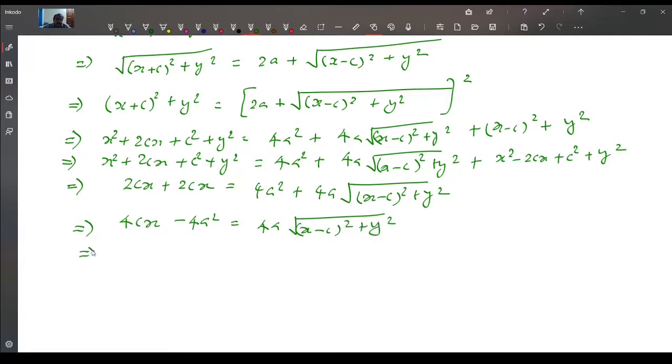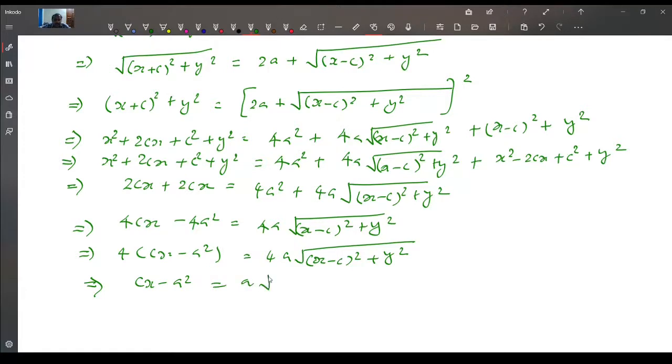So this implies 4 into (cx minus a square) is equal to 4a into root of (x minus c) the whole square plus y square. So this implies, cancelling 4, cx minus a square equal to a into root of (x minus c) the whole square plus y square.